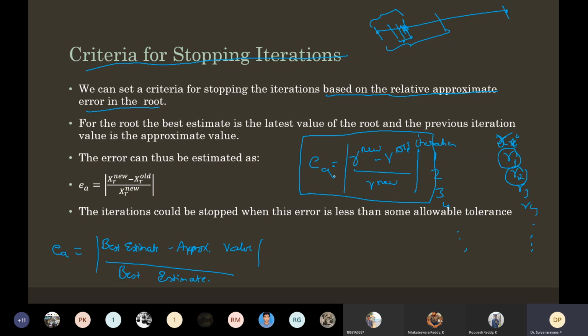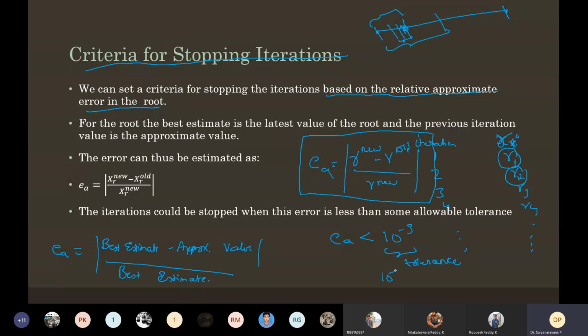Then you can decide when to stop. For example, you can say I'll stop when approximate error is less than 10 power minus 3, and this is your tolerance. This is the level of approximate error that you are willing to accept in your solution. Now, this is one typical value.